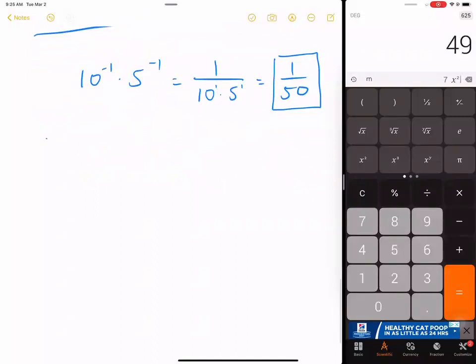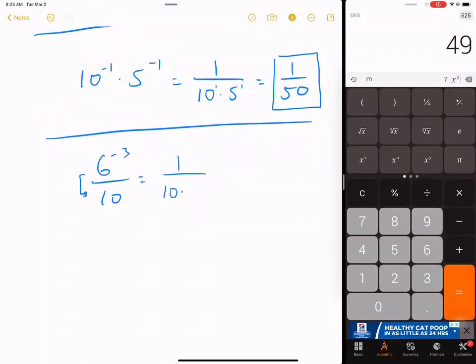What if I make this problem a little bit more jumpy? 6 to the negative 3 power over 10. Do we have to move any of these values before we start to evaluate? I would say move that 6, right? 6 doesn't belong here. It actually belongs on the bottom. So if I move it, there's no 1 left. I still have to use a 1 if it's on the numerator. 10 times 6 cubed. Now, I'm going to use my calculator here. I highly recommend you always do the most difficult part of a calculator first, if it's multiplication.